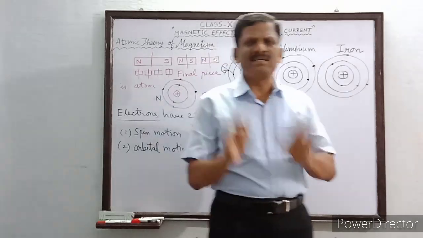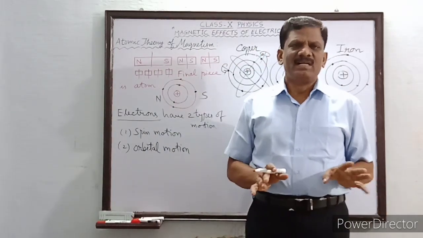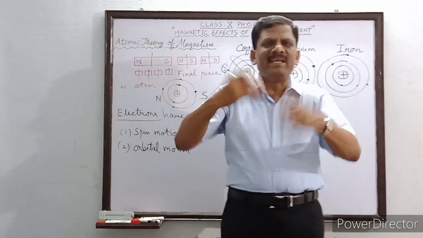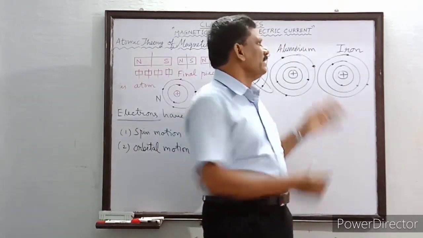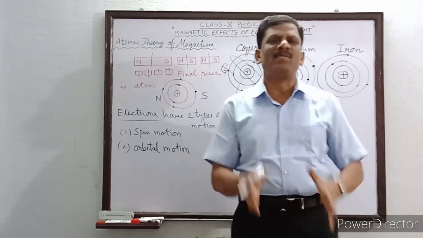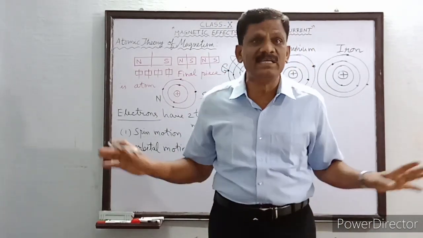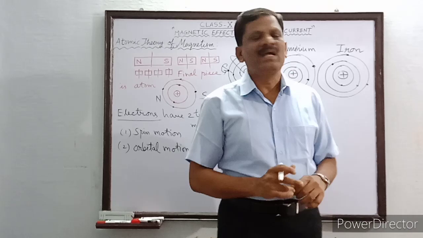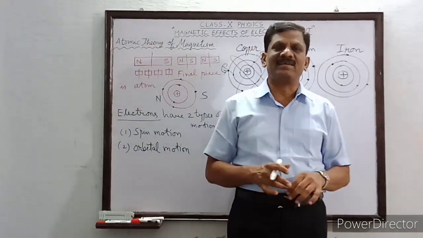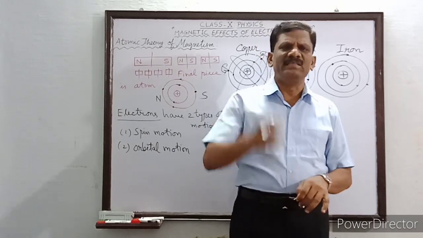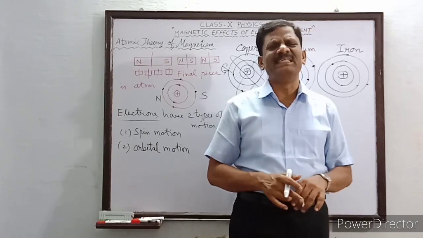See, electrons are of course present in every atom. But in the copper atom, if you add the magnetic moments of all the electrons, they will cancel each other and become zero. In aluminium atom, it will be non-zero, but very minimum. And in iron, it will be non-zero and extremely high magnetic moment.